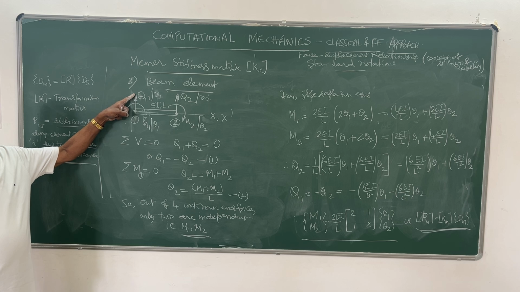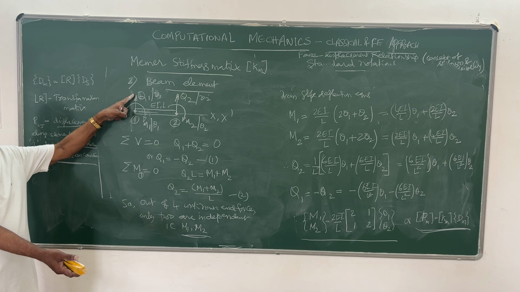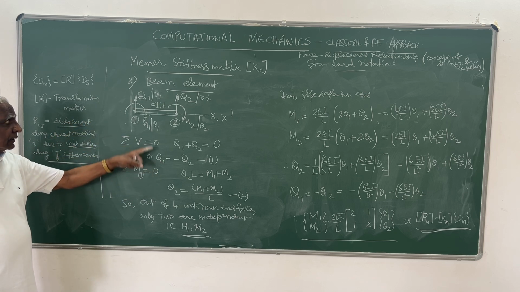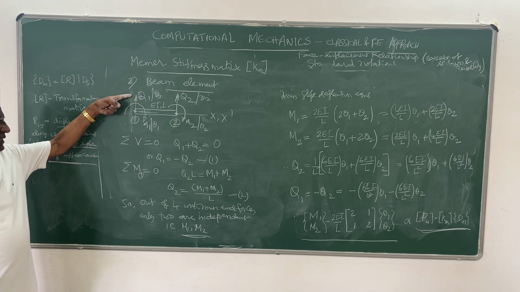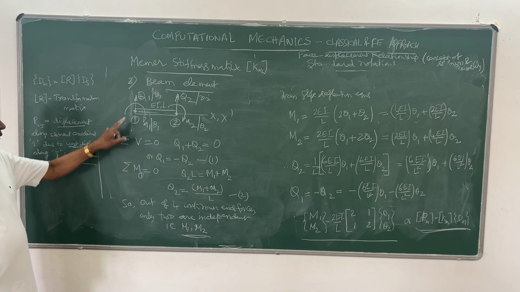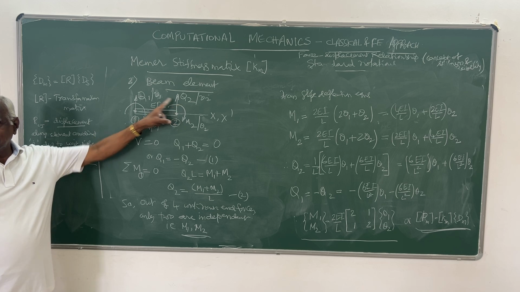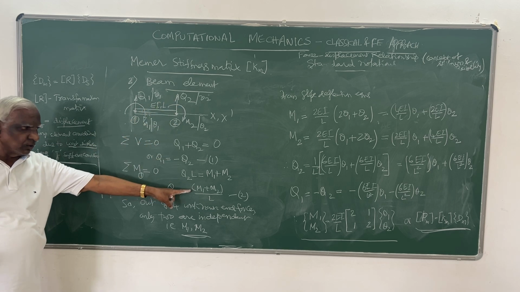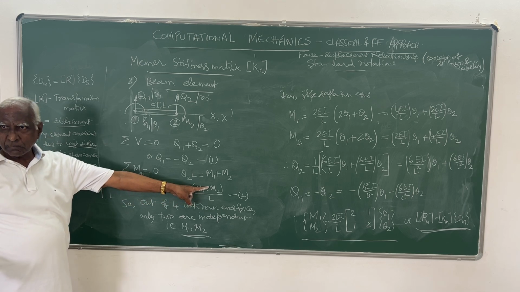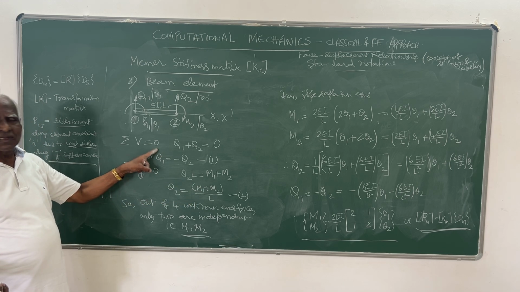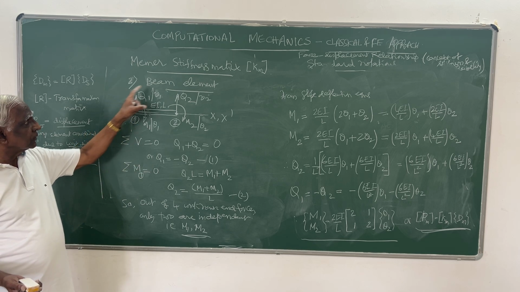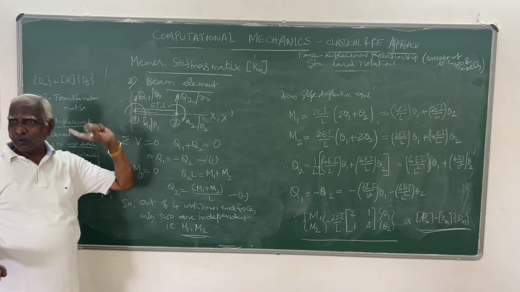If you select M1, Q1 as unknown, then it is different, because then you cannot determine. M1, Q2 you can select. If you select M1, Q2 as the unknown, you can solve it, M2 can be determined, then from this Q2 also can be solved. So you can select either M1, Q2 or M2, Q1 also.